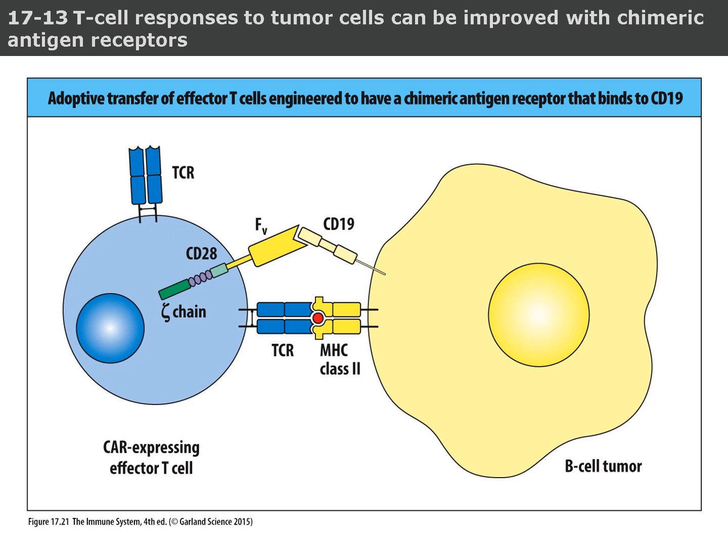Upon binding to CD19, the chimeric antigen receptor delivers strong activation signals through CD28 and the zeta chain, independent of MHC class II interactions. This direct recognition enables rapid activation of the T cells and targeted killing of tumor cells, making chimeric antigen receptor T cell therapy a powerful strategy for treating certain cancers, particularly B cell malignancies.